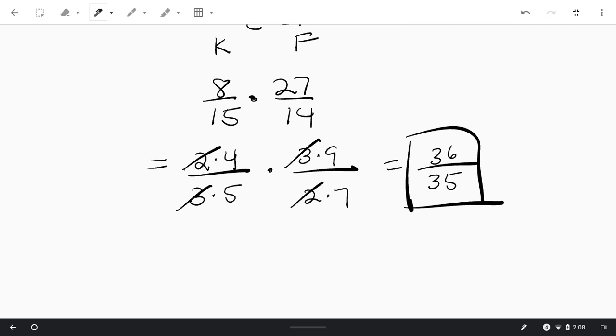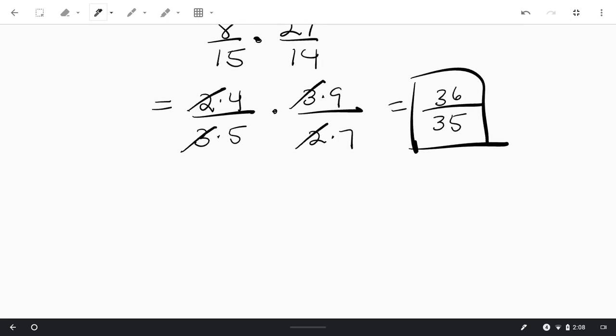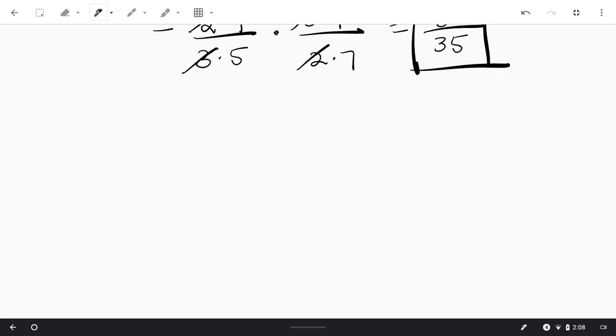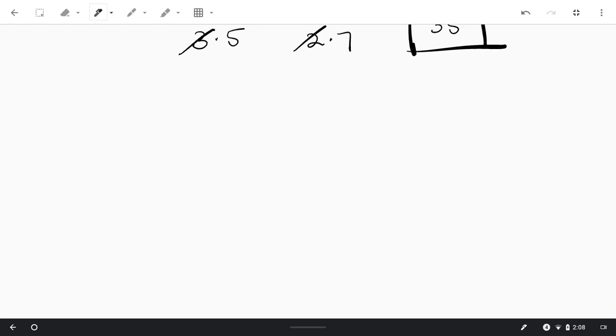Make sure you do the homework so you know how they want you to answer the question, or how they want you to input the answer, because the test will also be online. And if you put 36 over 35, they might ding you for that if you don't change that to mixed number 1 and 1 over 35. So that's how you do numerical fractions.